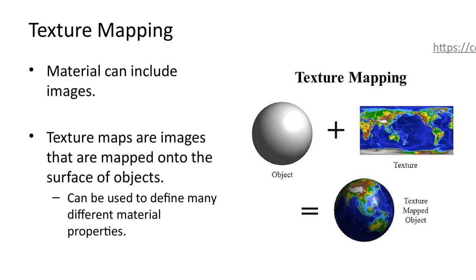They can be used to define many different types of material properties, including properties such as transparency, roughness, or bumps. These images are generally referred to as texture maps. In the example, the diffuse color of the sphere is defined using a texture map. The image is wrapped around the sphere so that the surface is completely covered.